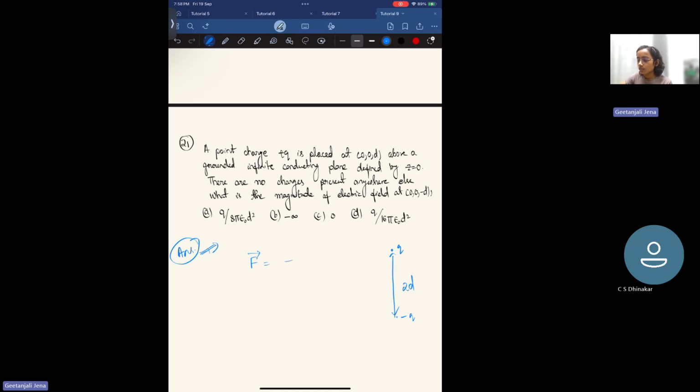So force will be minus Q square by 4 pi epsilon naught (2d) square. So that means the electric field is minus Q, 2 square will give 4, so this is Q by 16 pi epsilon naught d square. Option D.